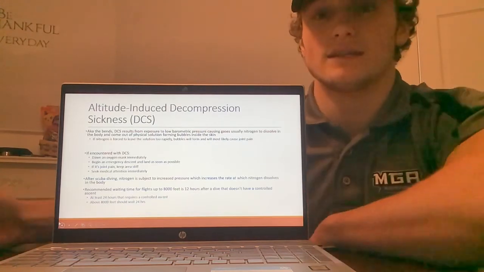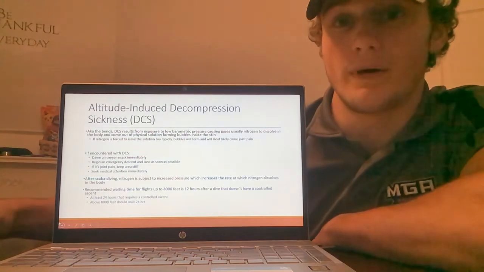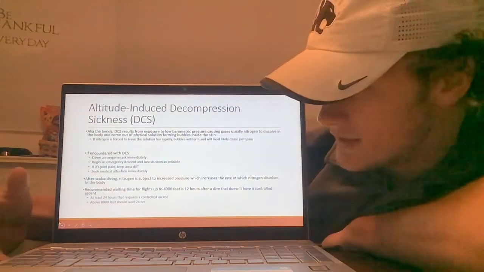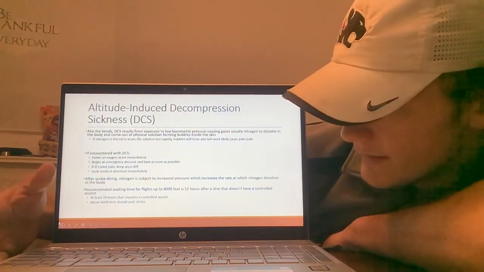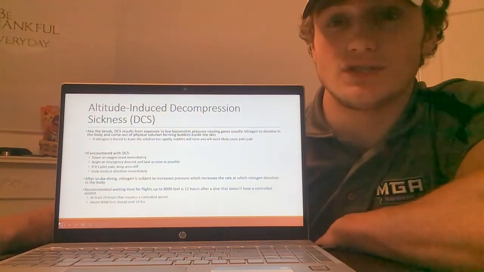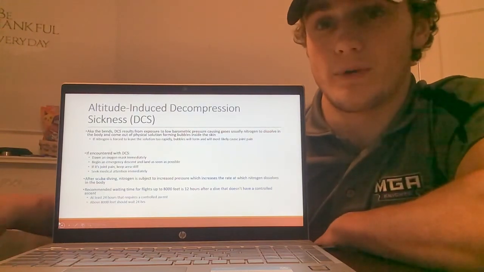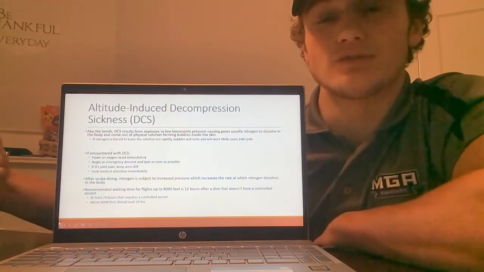So this increases the rate at which nitrogen is absorbed in your body when you breathe in. And so it takes a longer time for it to dissolve out of your body naturally, because it naturally dissolves out of your body.